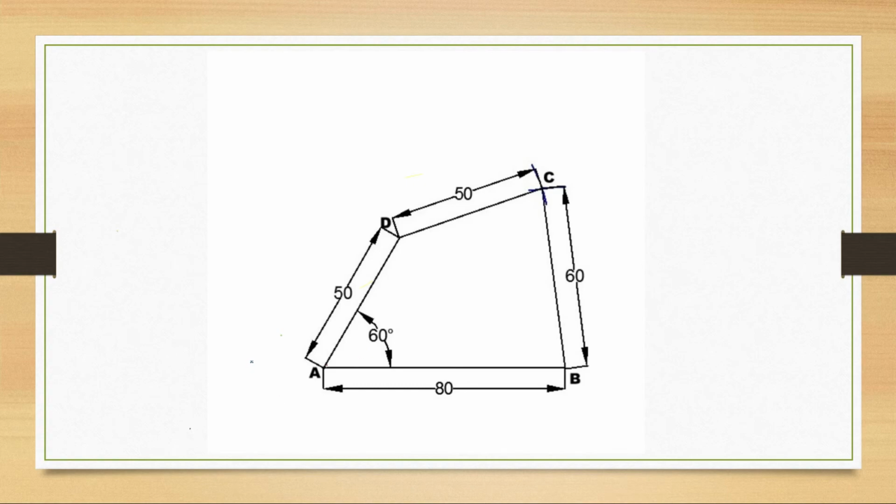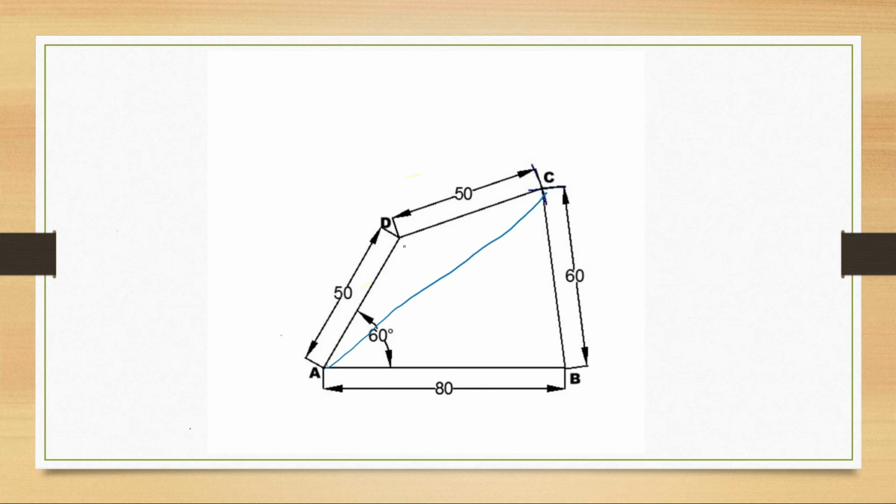Now we will proceed to transfer the area of this quadrilateral into an equal area triangle. For that I would like to proceed with connecting the hypotenuses of this quadrilateral.